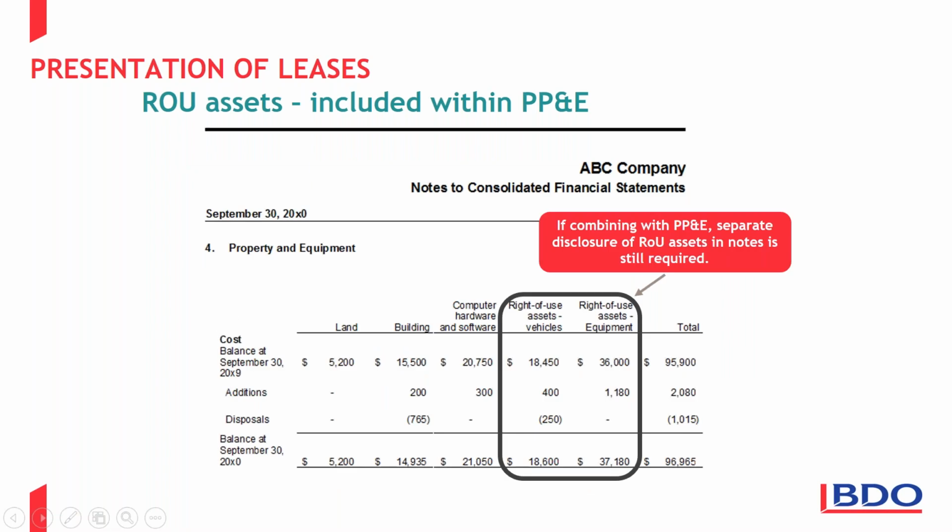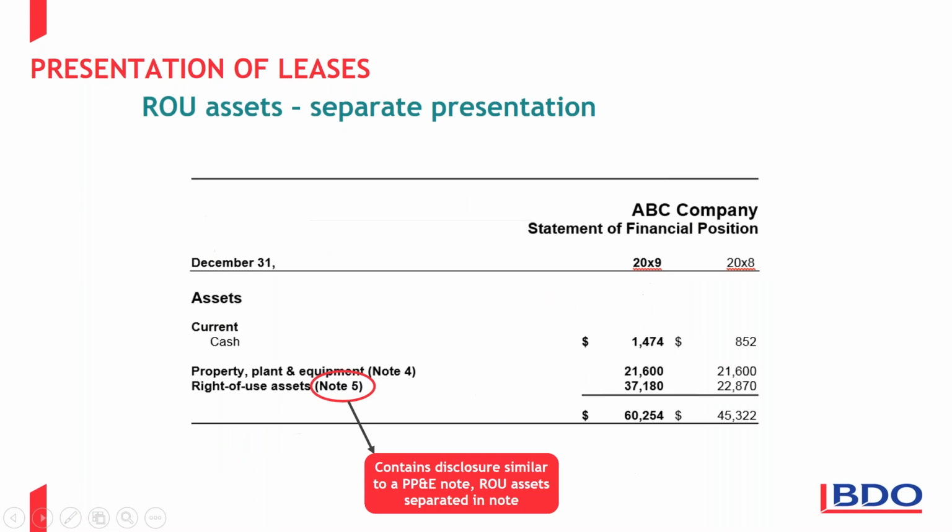So if we move on to note 4, you can say there's a separate column for right of use assets vehicles and a separate column for right of use assets equipment. So it's really important to see here that you'll have a separate column for the property, plant and equipment that you own, and a separate column for the right of use assets, but it will be within the same note.